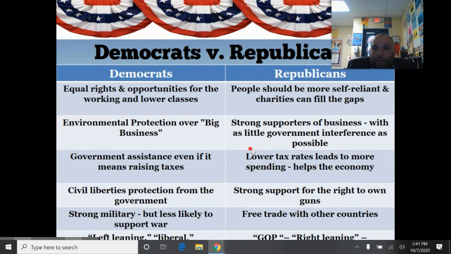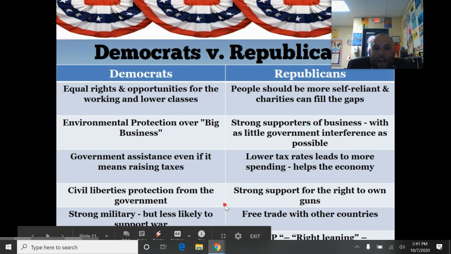And Republicans just believe in lower taxes, not providing those services. People should provide those services for themselves. Democrats are for civil liberties and protection from the government and generally for more gun control. Republicans are for strong support of less gun control, fewer rules on guns.